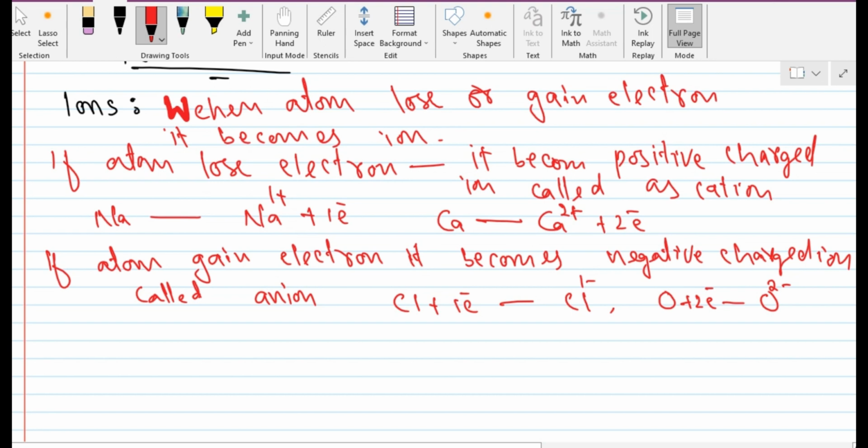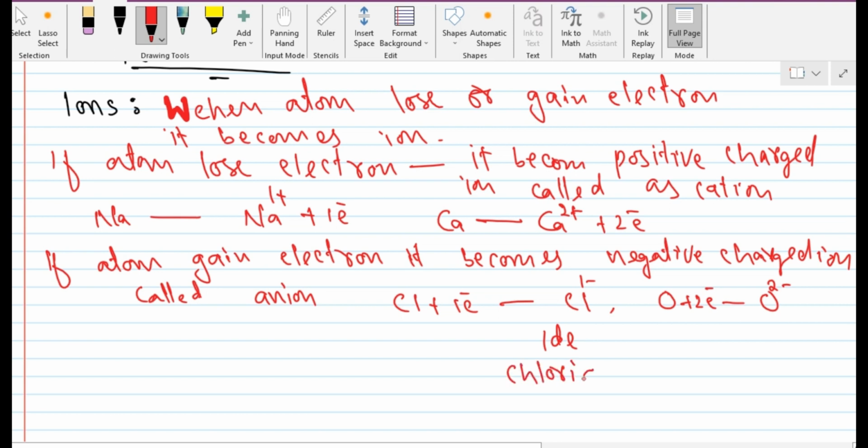So this is the simple difference between positively and negatively charged ions. Positive ions do not end with -ide, whereas when non-metals change into ions, their names change and they end with -ide. For example, this was chlorine, now it is chloride.